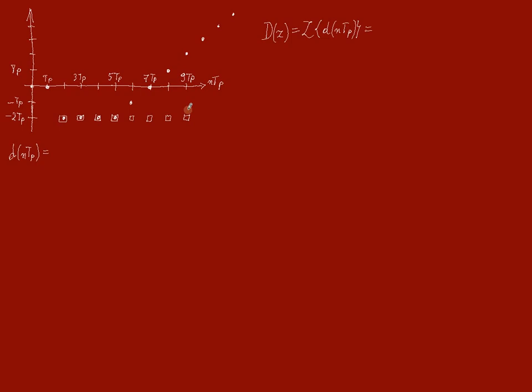Now, what function would we have to add so that the sum gives us the function for which we want to calculate the transform? It will be a linearly increasing function starting after 5tp. Why does it start after 5tp and not after 6tp?